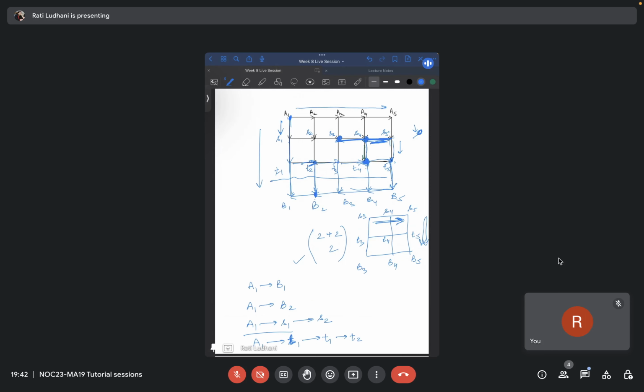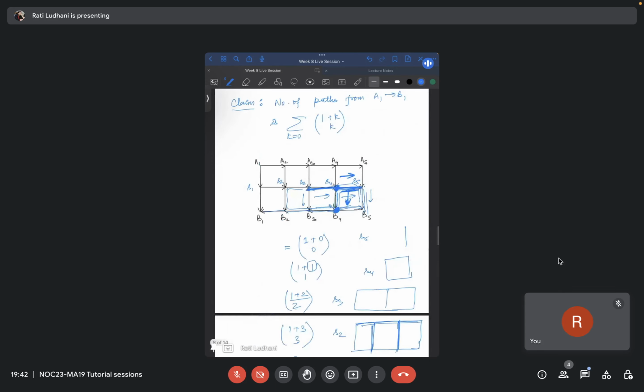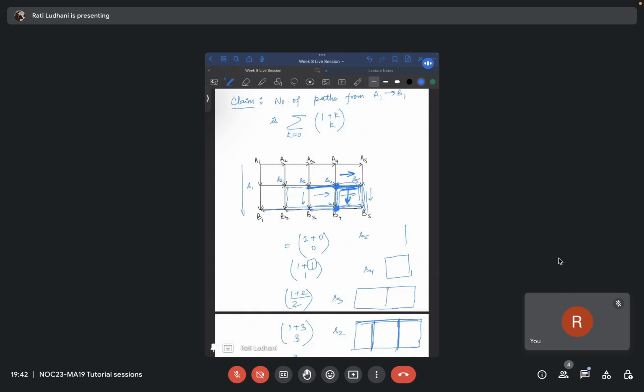So when you considered M11 and reached S1, you considered this full box. In this box, A1 to B1 has been considered. But when asked about A1 to B2, you have to remove this part, because if you reach B1, then you cannot go to B2.